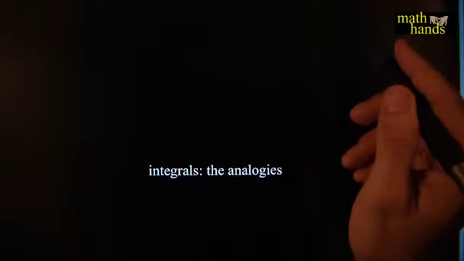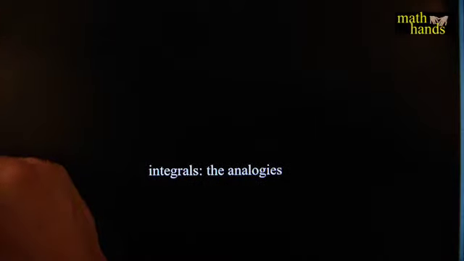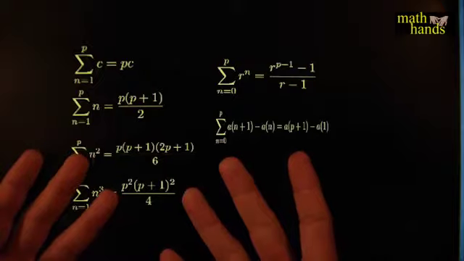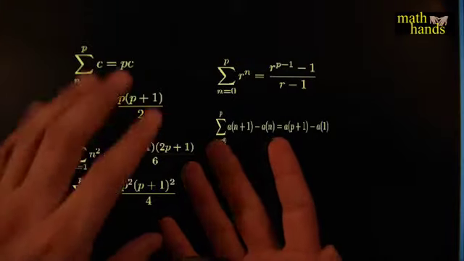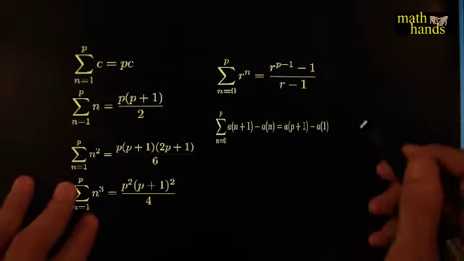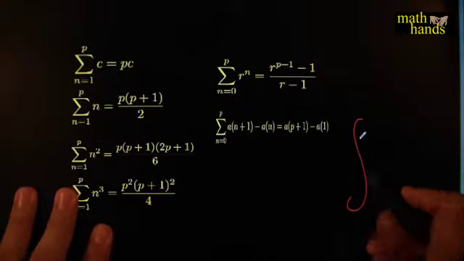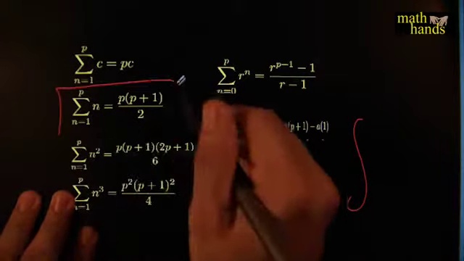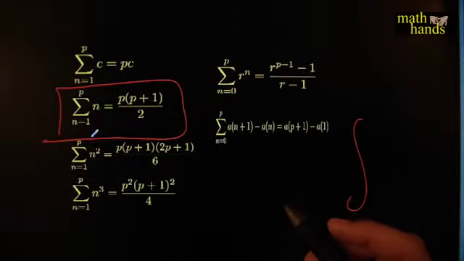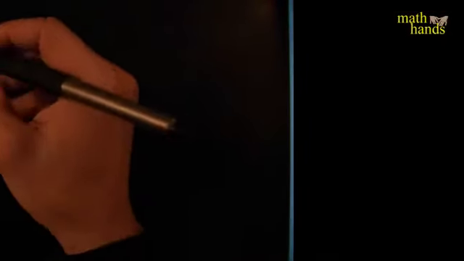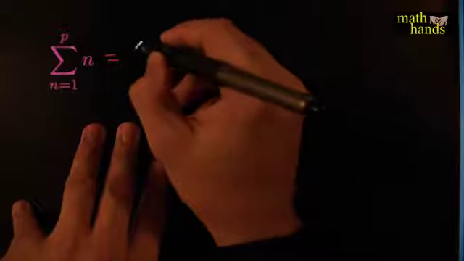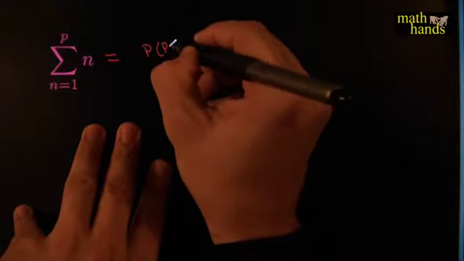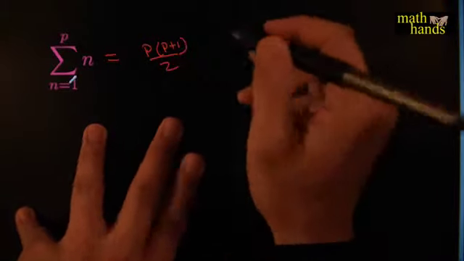Some more analogies. You guys want more? Maybe I'll do one more analogy. Every one of these things that we learned before for sums has an analogous version when you do the sigmas. So maybe for fun, I want to try that one. Of course, that one was equal to p times p plus 1 over 2. We all know that.